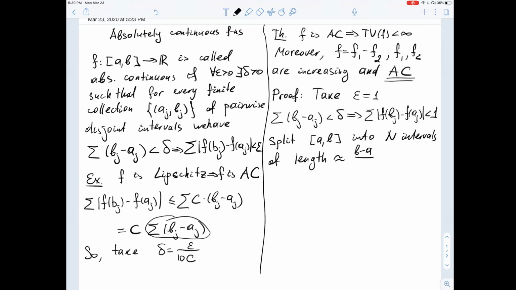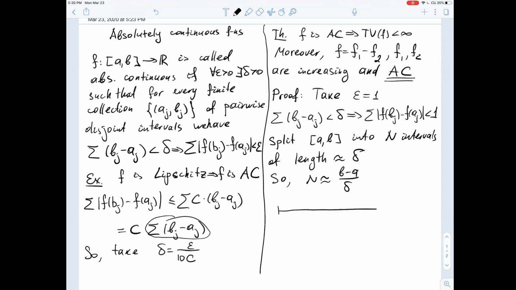Okay, so n should be b minus a divided by delta, of length approximately delta. So n is approximately b minus a divided by delta. Here it is. You can fill in the details.